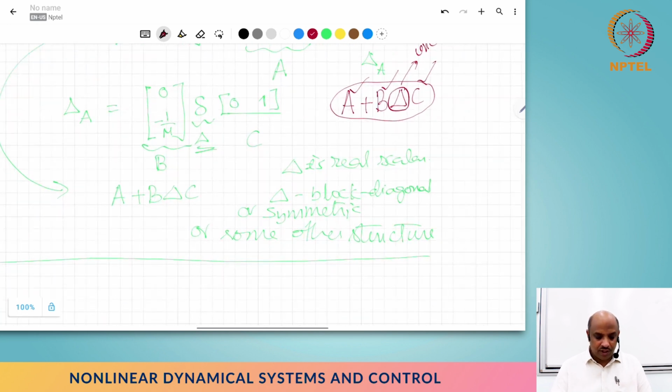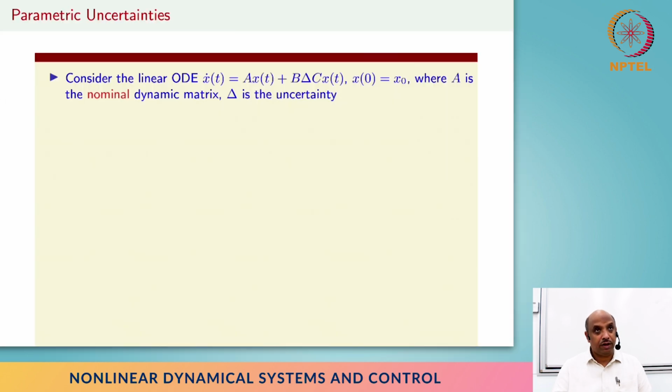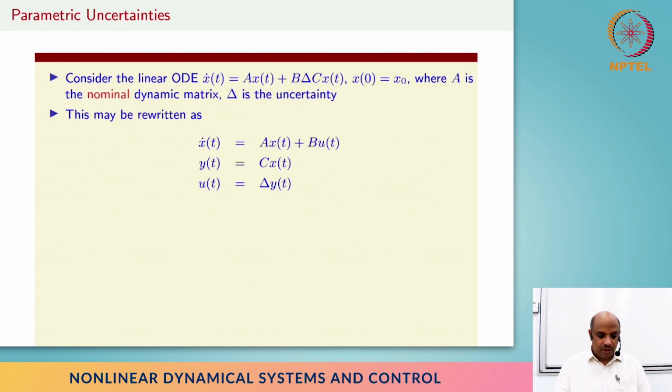Delta could be a real scalar, it could be block diagonal, symmetric, or some other structure. So the trick of different results in robust stability analysis is essentially how best we can capture these different types of uncertainty, right?